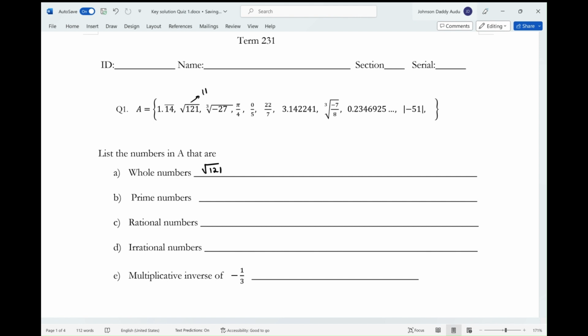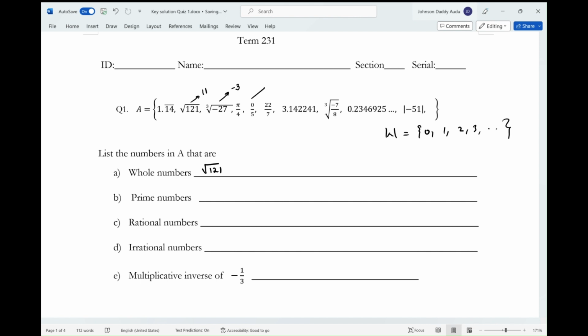Now, if we look at this, it is nothing but minus 3, right? The cube root of minus 27. But minus 3 is not a whole number because a whole number starts from 0, 1, 2, 3, right? They're all positive. Okay, then pi over 4 is not.